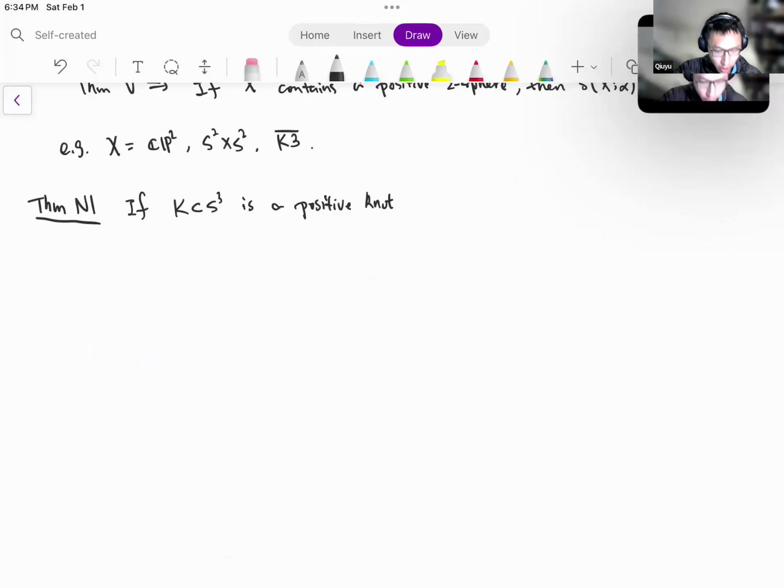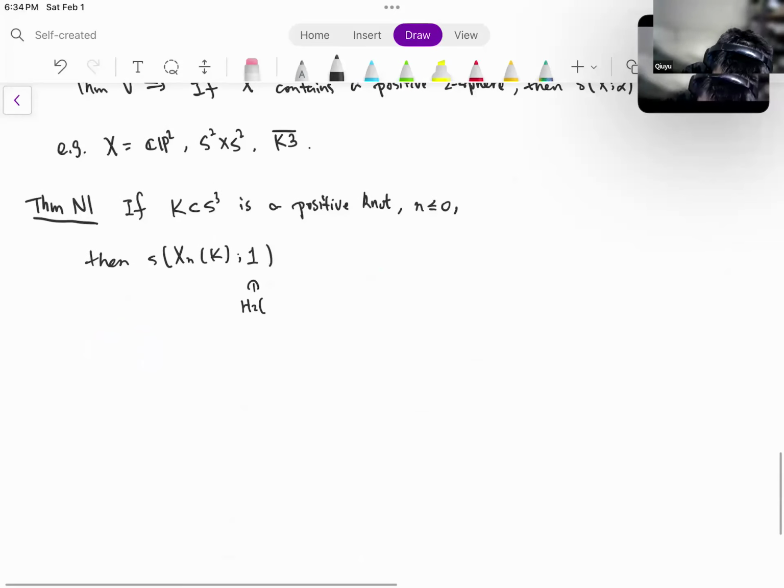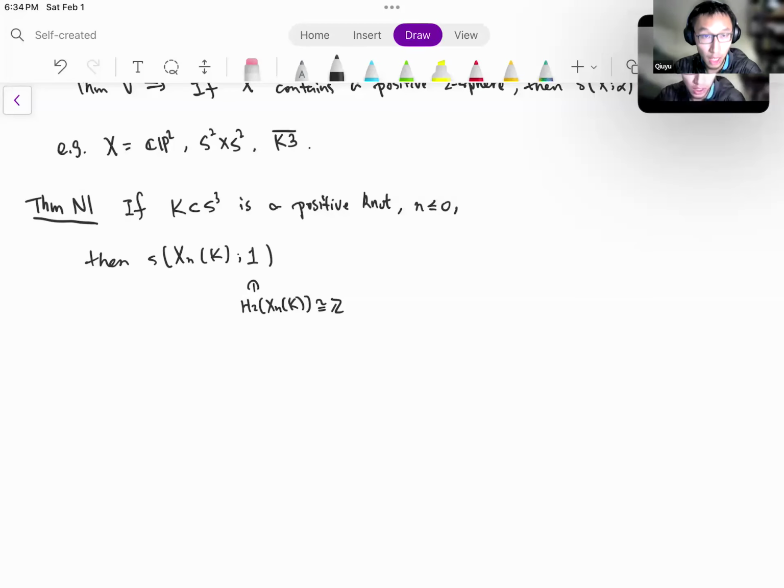This theorem says that whenever we have a positive knot and a non-positive framing n, then the Lasagna S invariant of the n-trace on K at class 1 — here 1 is a certain class in H_2 of this four-manifold, but this four-manifold has H_2 isomorphic to Z, and by writing 1, I'm just picking a generator of this Z. It doesn't matter which one I pick, there are two choices.